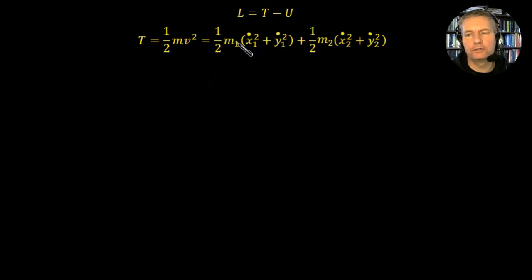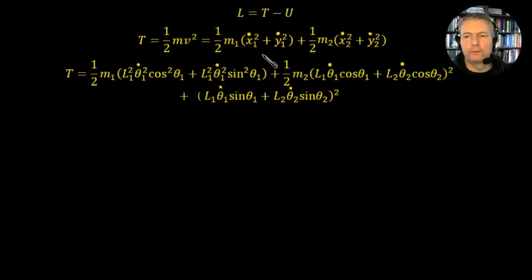Now we have to do the same for the other mass, for the second pendulum. So the second pendulum, the velocity is going to be given by our x2 dot and our y2 dot, which we've already found out. And again we'll have to square these and multiply them by a half of m2. So this is the equation that we want to use.